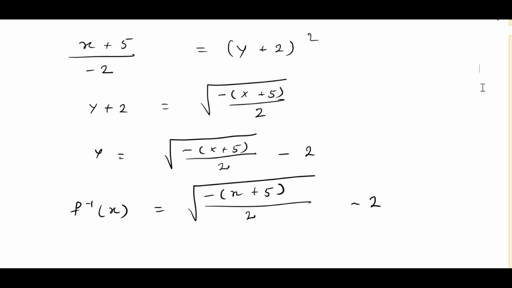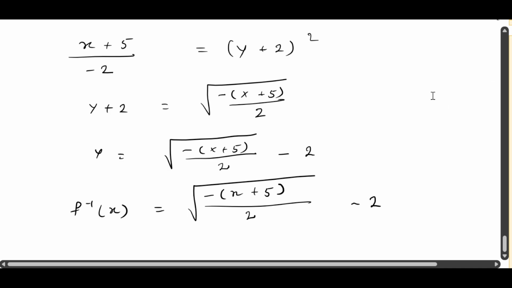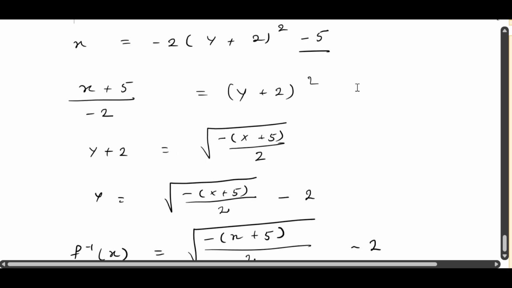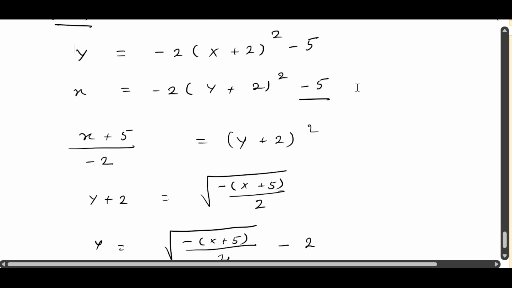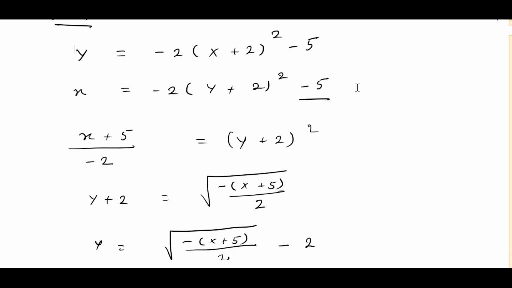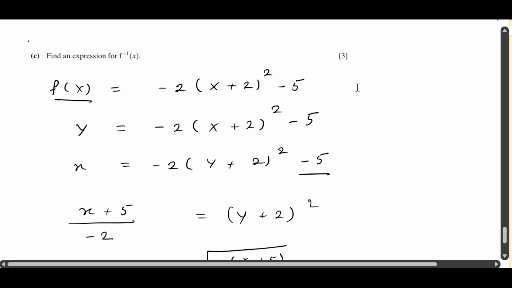Have I made some mistake while solving this? x plus 5 whole divided by -2.